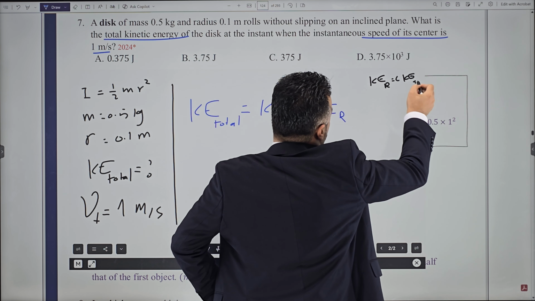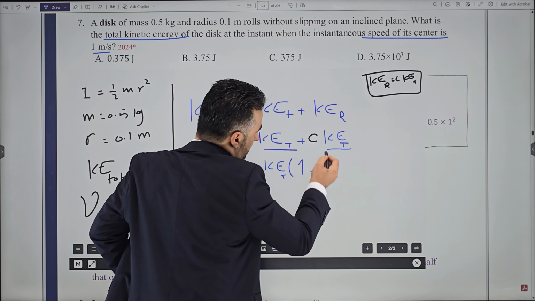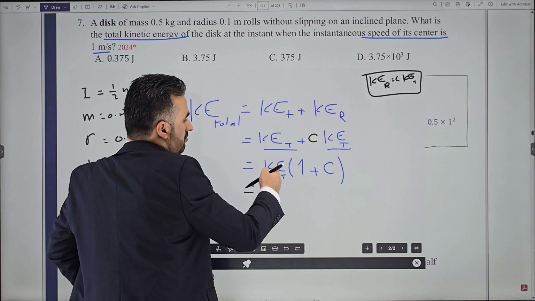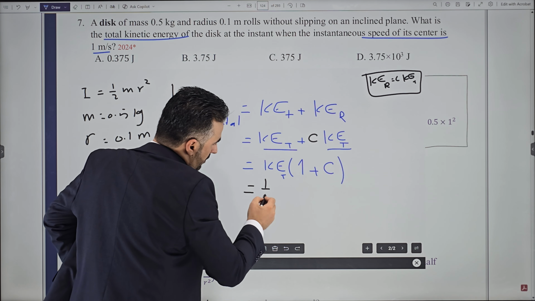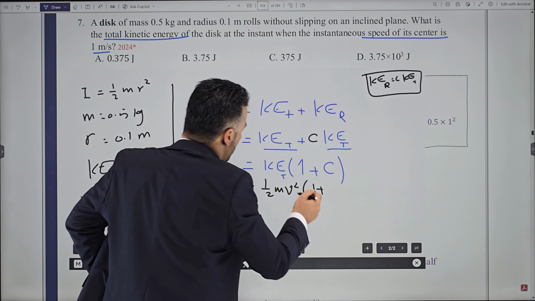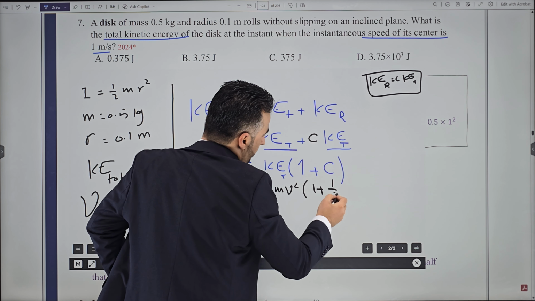Now you can see that I have kinetic energy of translation as a common factor. So what is left here is 1, and on the other term, just C. Now, of course, you can simplify kinetic energy of translation, which is 1/2 times mass times translational speed squared, times 1 plus C. What is C for a disk? Isn't that 1/2?